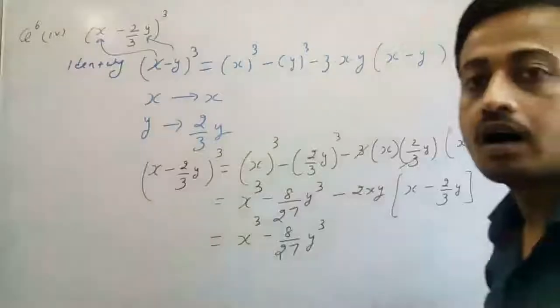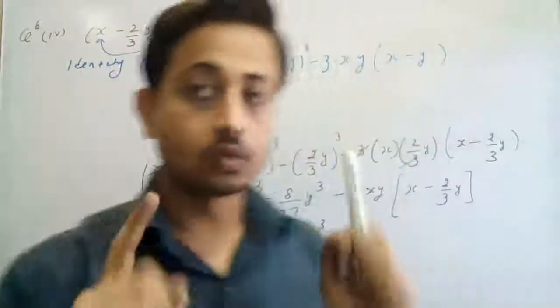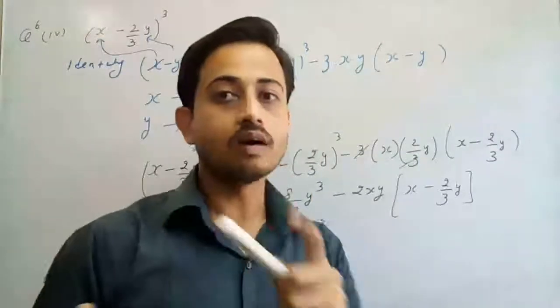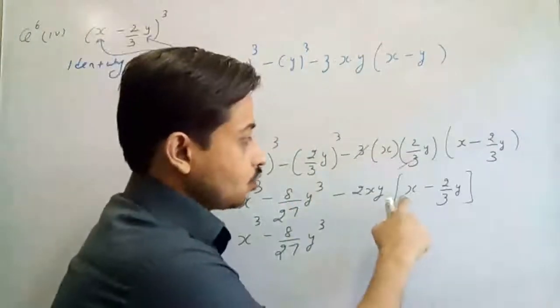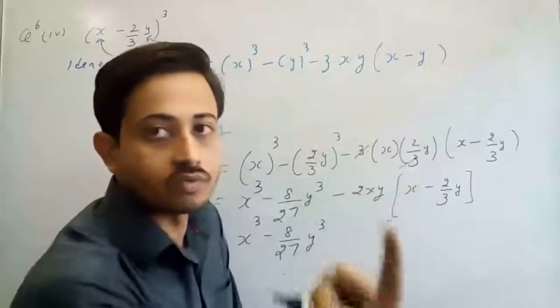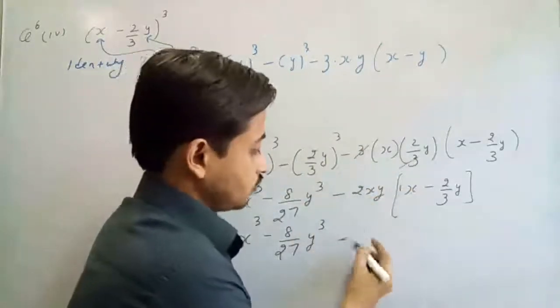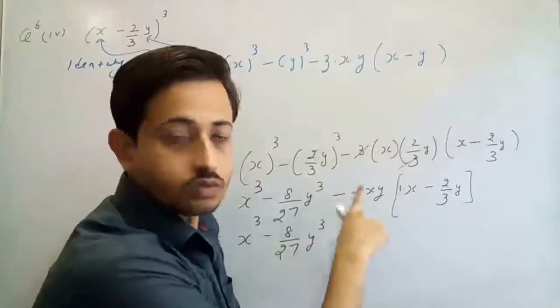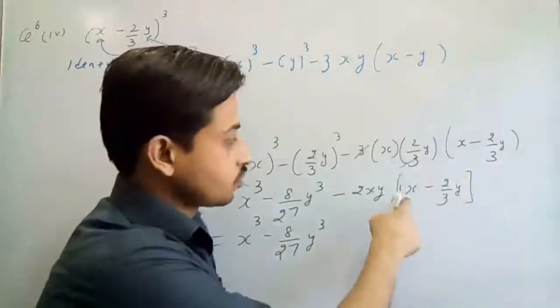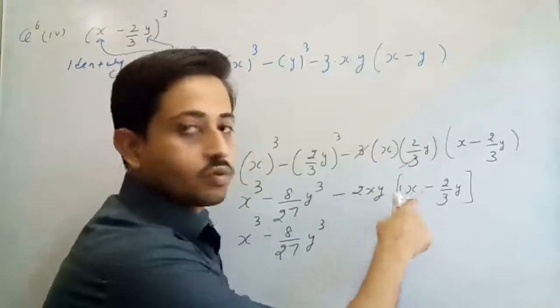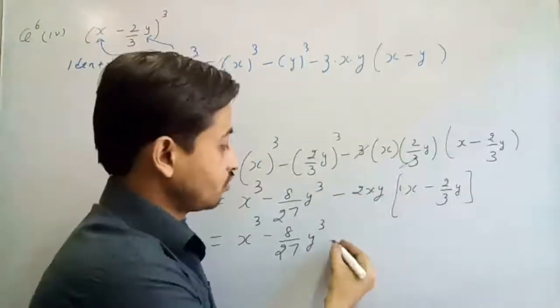Now open the brackets. Please do very carefully whenever you open the brackets. Now 2 into, there is no number, we have to consider it 1. 2 into 1, 2. The sign is negative, so we have to change the sign. This is positive and this is negative, we have to make it negative. So what we will get?